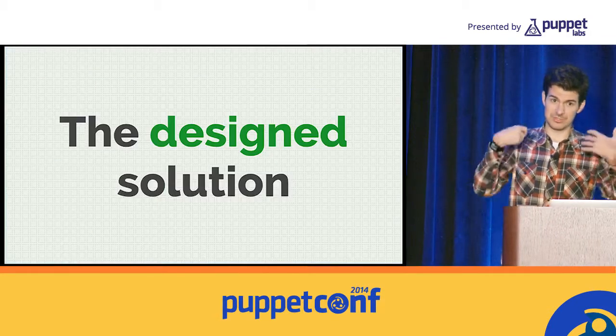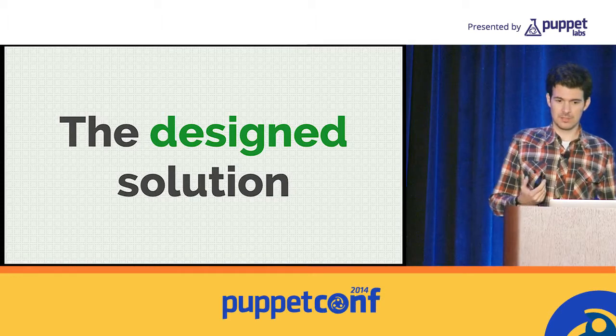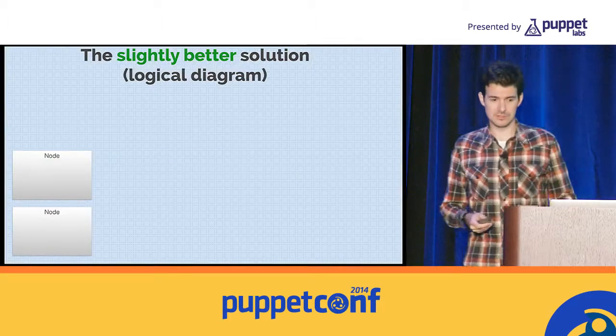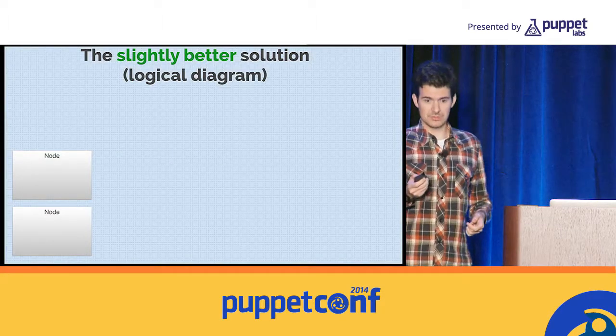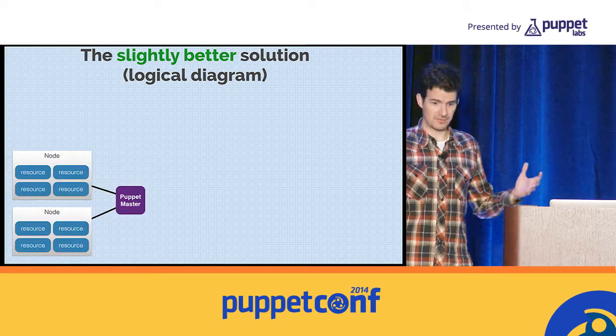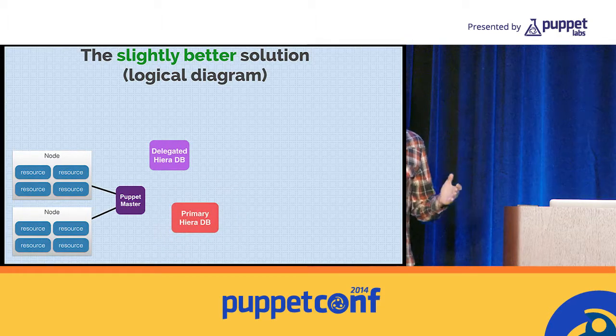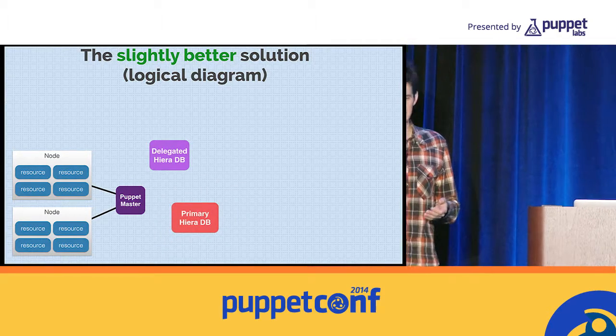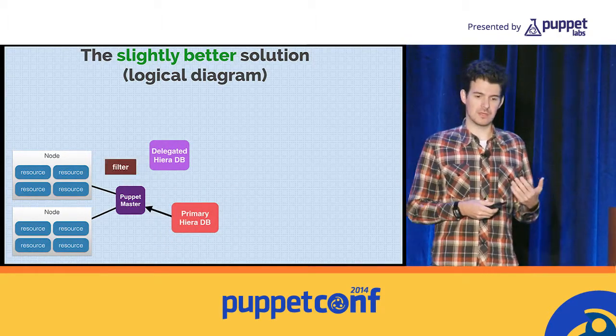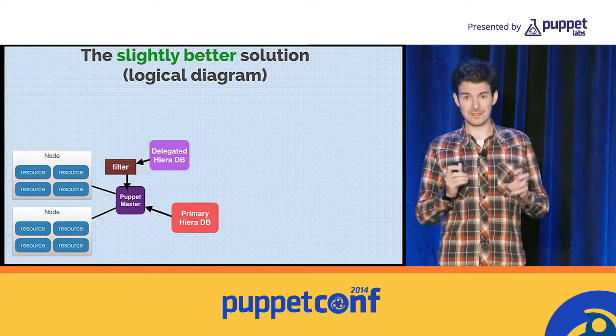So to review our designed solution, this one's a little bit longer. We have our nodes. Our nodes have a Puppet master, multiple Puppet masters. We have 2 Hiera backends in this case. And so we've designed a filter for the delegated Hiera backend.